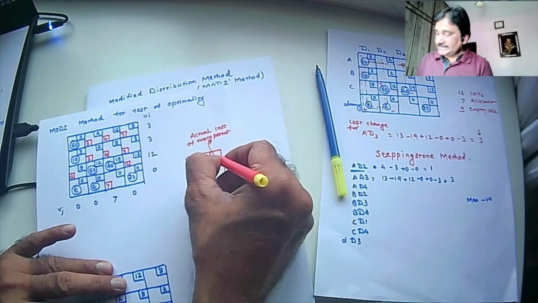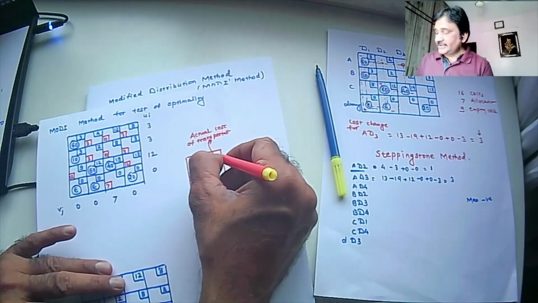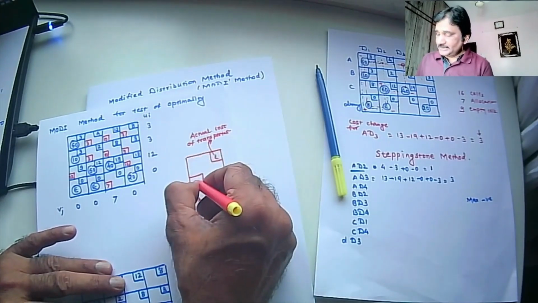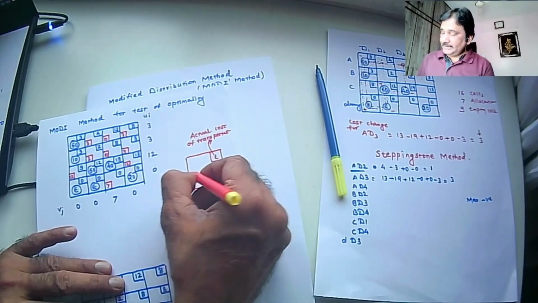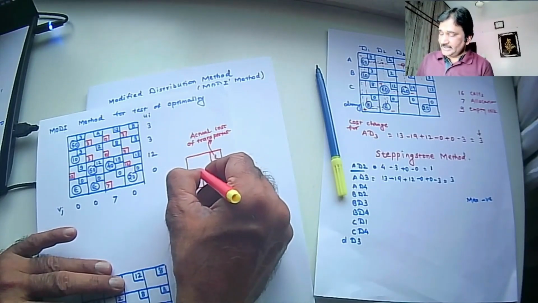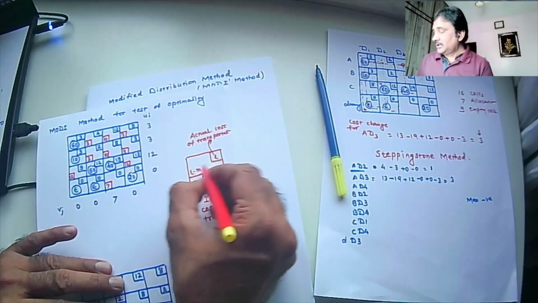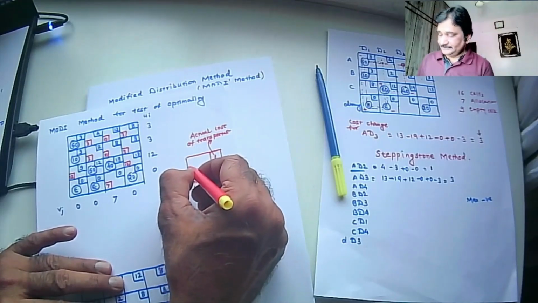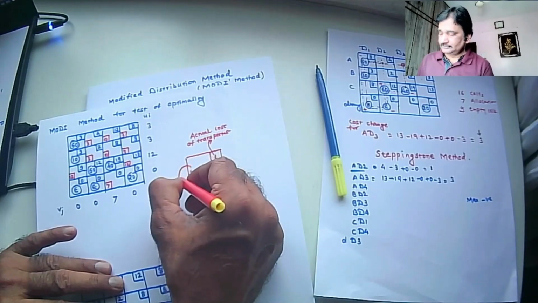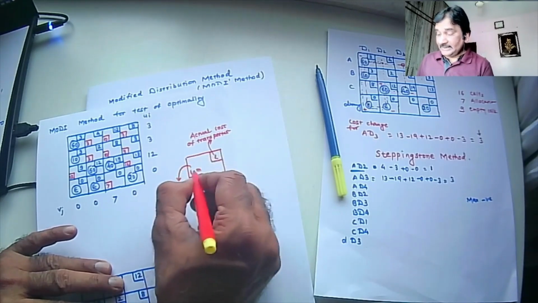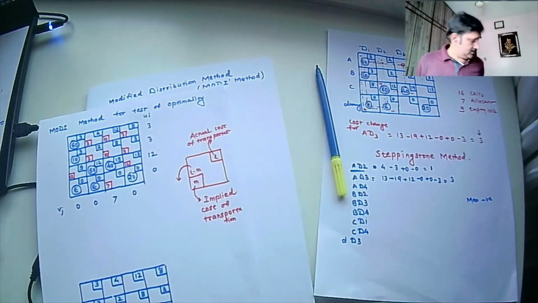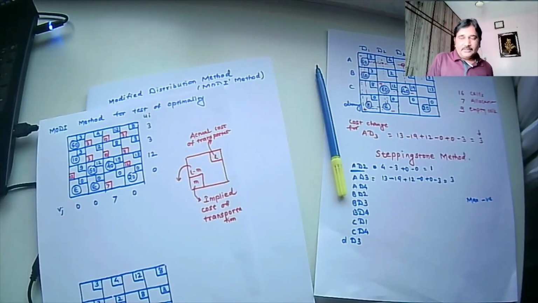Let's say this is L, this is M, then L minus M is the saving potential. But saving potential means it should be negative.